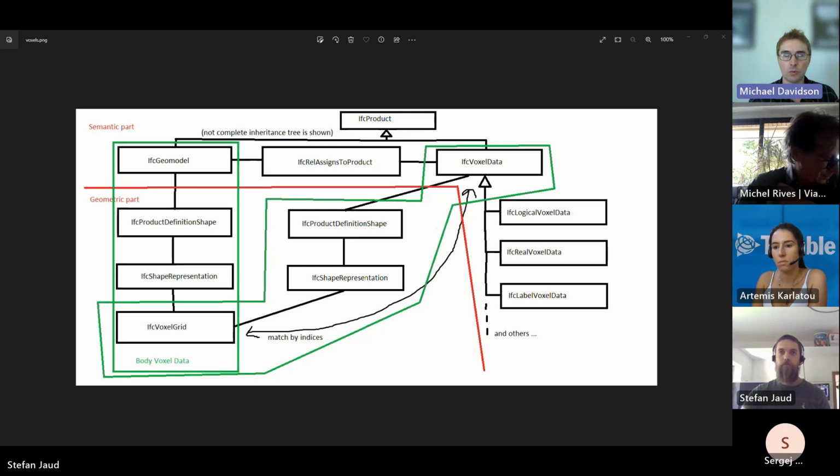And one of the items on our mind as we look down the road, being able to consume the voxel entities from IFC, is that we use the netCDF file format.